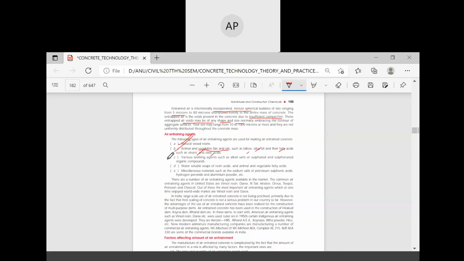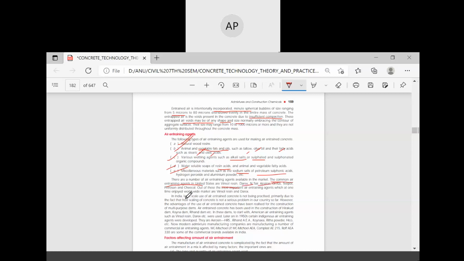Various wetting agents such as alkali salts, sulfonated organic compounds, water-soluble soaps, resin acids, animal and vegetable fatty acids, and miscellaneous materials such as sodium salts of petroleum sulfonic acids are used as air entraining agents. The common air entraining agents in the USA are Vinsol resin, Darex, detergent, etc.